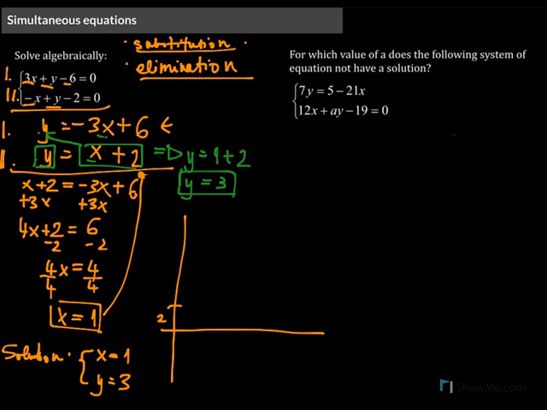If this is my 2, this will be 6, and the first line has the slope -3, so it will be decreasing. I'll just sketch it, and -3 means that for every 1 step to the right I go 3 down, so 6 minus 3 would be somewhere here.